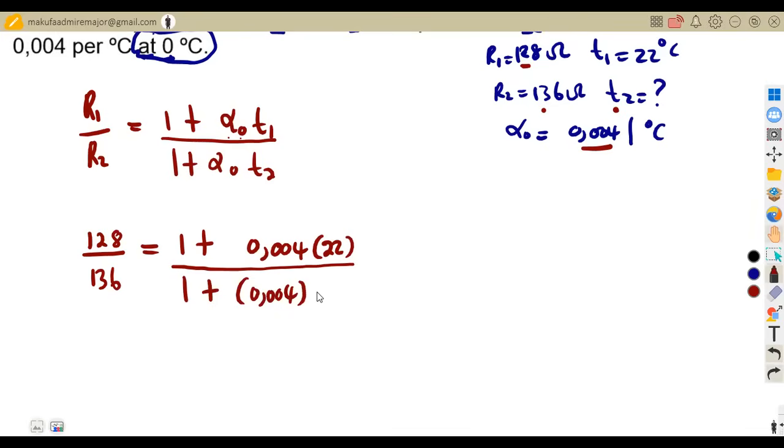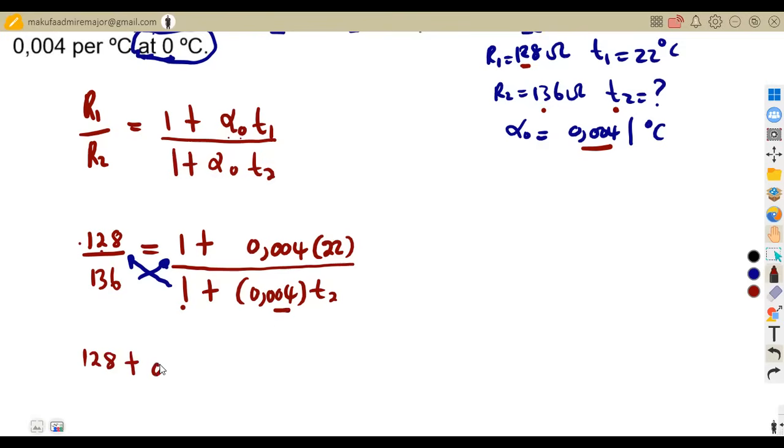Remember, T2 we do not have; this is the one we are supposed to calculate. So we can do the cross multiplication on the calculator. Here, 128 multiplies 1, which is 128, plus 128 multiplies 0.04.